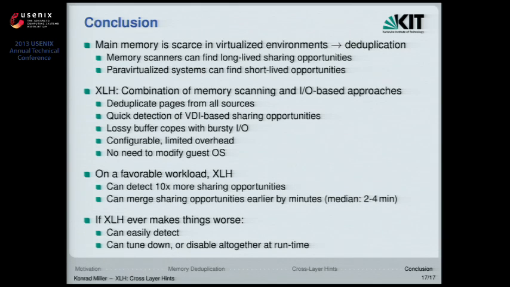If you go down to sharing opportunities that only live for a couple of milliseconds, then you would probably see a difference. If you reach a situation where you say, oh my God, I'm merging too fast, you can always wait until a certain time has passed in your buffer. So you can really easily hack this to share only pages that live at least a certain amount of time, to cut out all the very short-lived opportunities. Does it make sense?